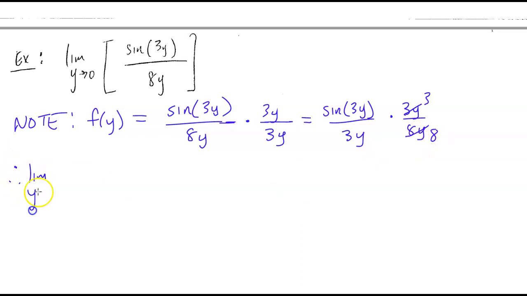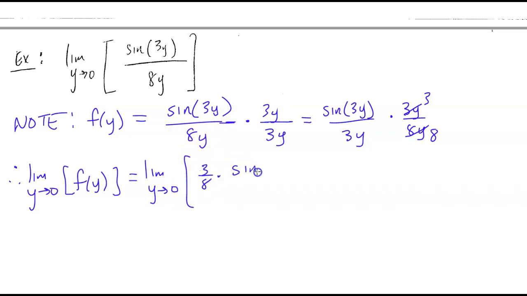And so the limit as y approaches 0 of f of y will just be the limit as y approaches 0 of 3 over 8 times sine of 3y over 3y.